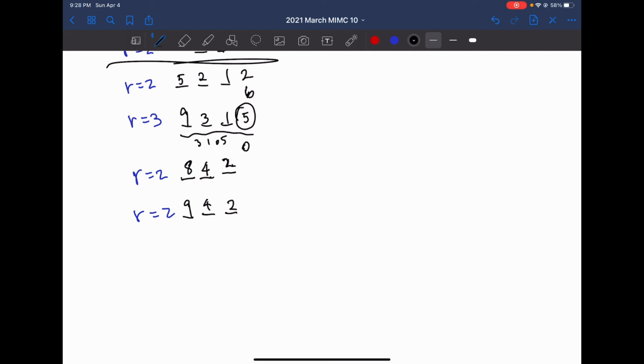We have 20, 24, 28. 8420 divided by 2 would be 4210, but we don't have that because this digit would be 1 instead of 0. 8424 would give us 4212, and we are left stuck here as well. And if we have 8428, then we have 4214. That would not work either.